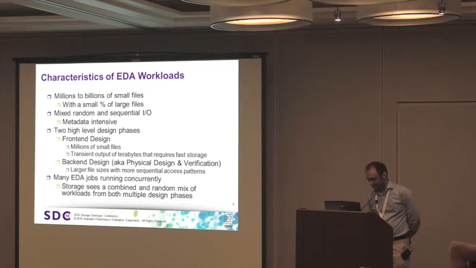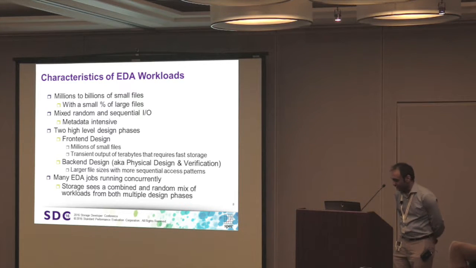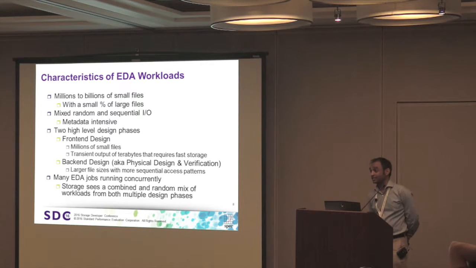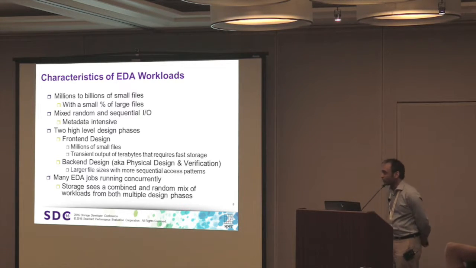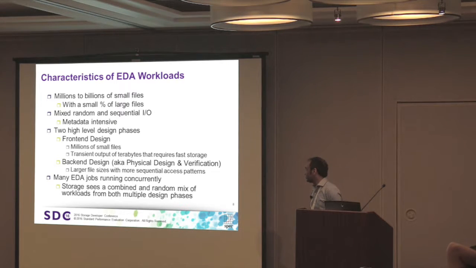There is a small percentage of large files. The large files can be as large as hundreds of gigs, right? The end result is stored in a standard format called GDS2, and that GDS2 file represents your image of the chip that you send out to the foundry to be manufactured.